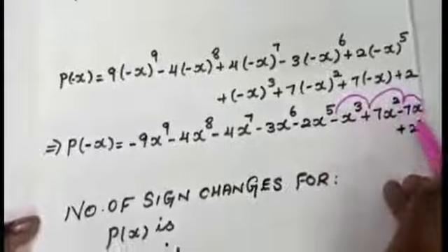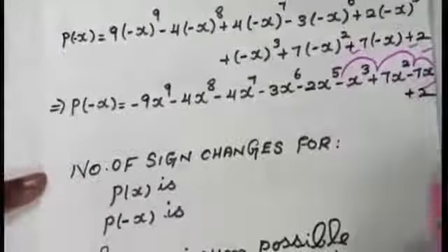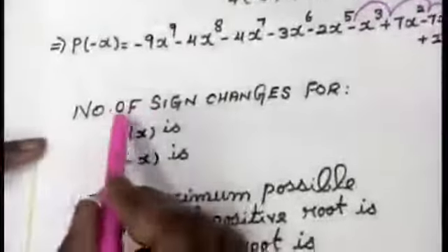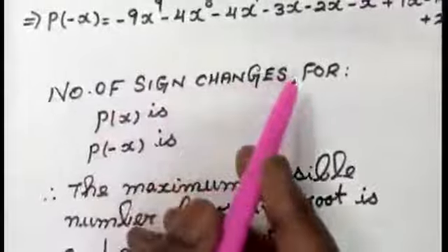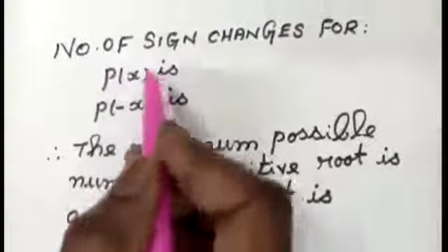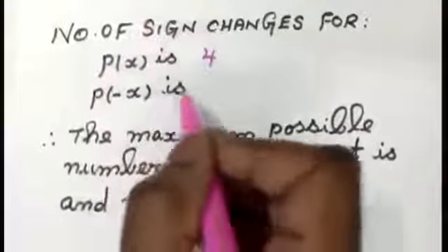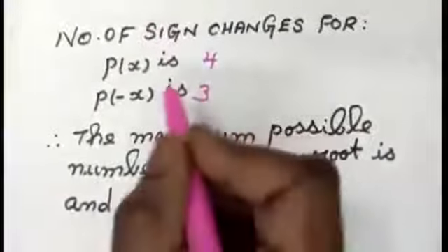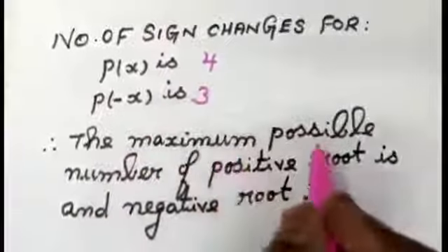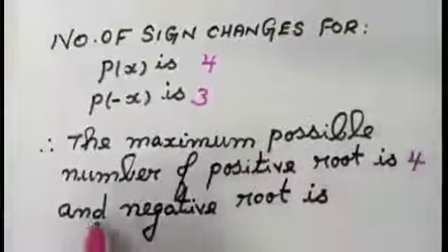Again minus to plus, third jump. 1, 2 and 3. We have 3 changes. So just see here, students, the number of sign changes for p of x is 4, and for p of minus x, the number of sign changes is 3. The maximum possible number of positive roots is 4 and negative roots is 3.